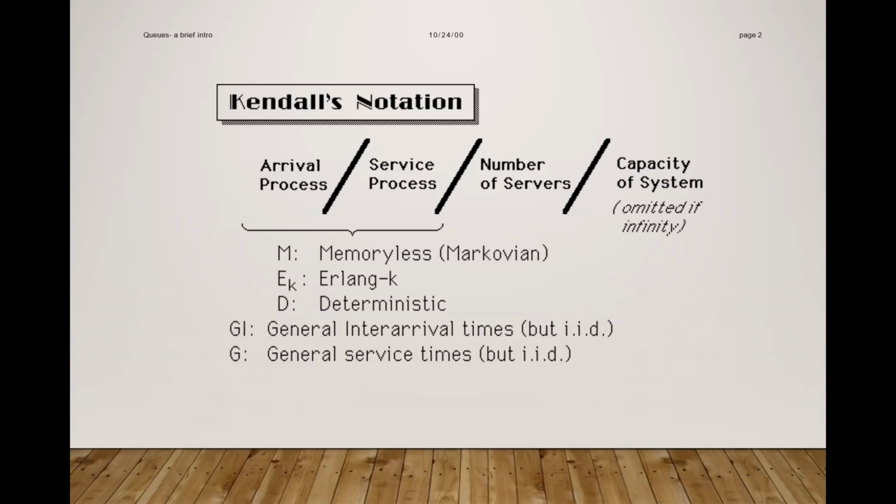But we just assume for the sake of simplicity, or maybe we don't really need that particular restriction, then we can just assume that we have an infinite capacity. So we often omit this part of the model.